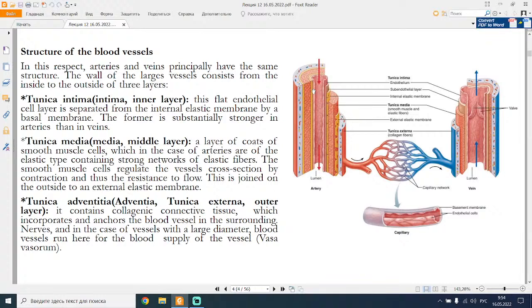Blood vessels run here for the blood supply of the vessels. What you see, these blue and red vessels, is the vasa vasorum.